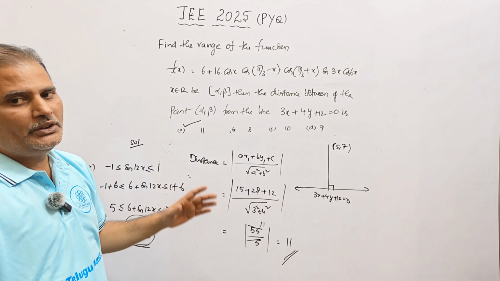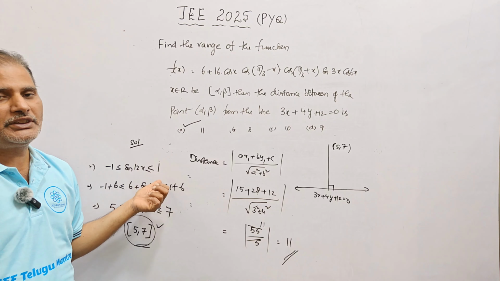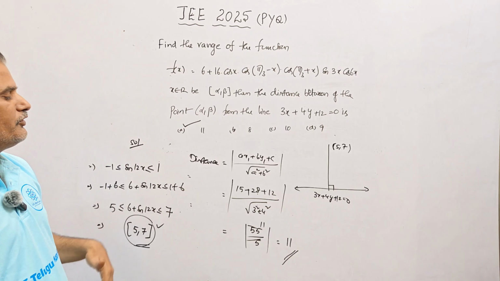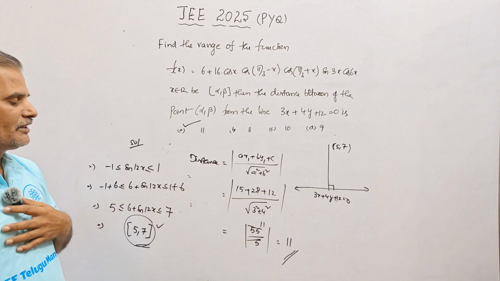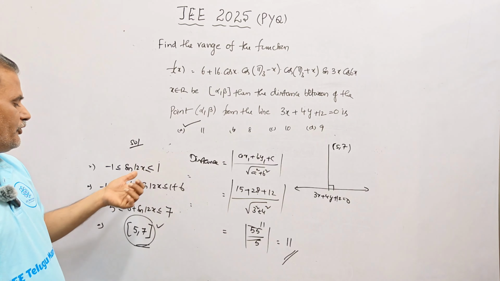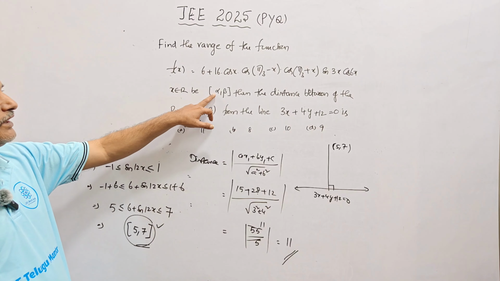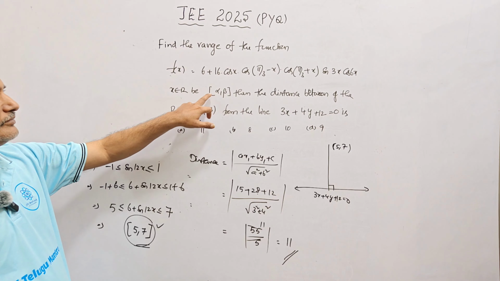We apply sin 2x two times and get 6 plus sin 12x. We know how to find the range of the trigonometric function. Sin theta is always between -1 and 1. Therefore adding 6 on both sides, we get the range of the given function, 5 comma 7.